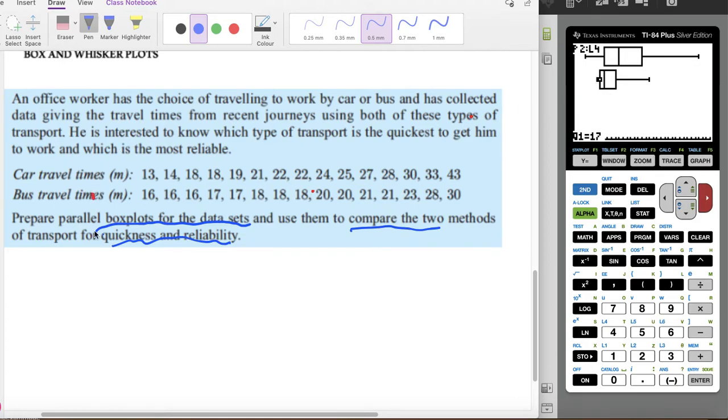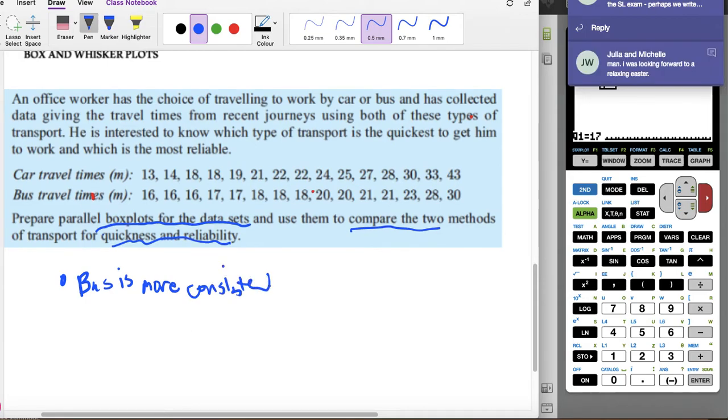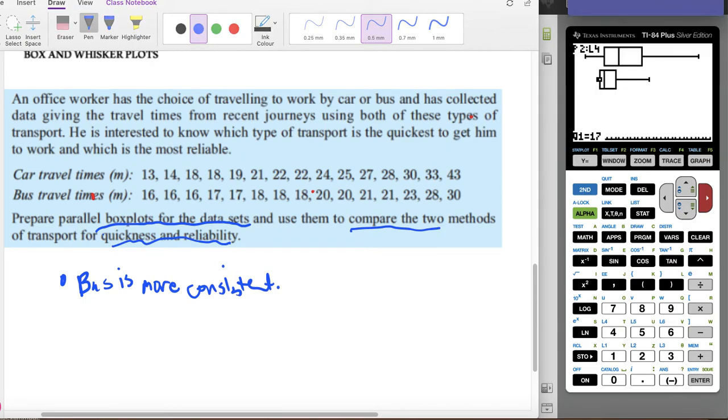So if you wanted to compare the two, you can say that the bus is more consistent, right? It's not as spread out.